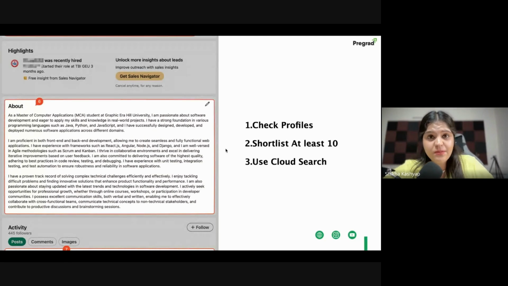I want to be a project manager. I want to be a CEO. I want to be a professor, or I want to be anything that you wish to. That's step one. Step two, LinkedIn is so beautiful that you can look for people, jobs, posts, companies, everything.